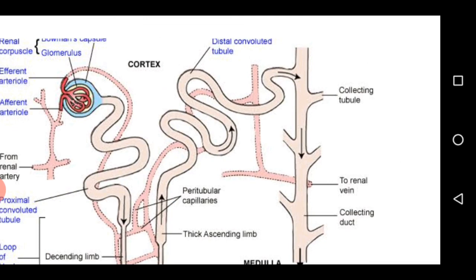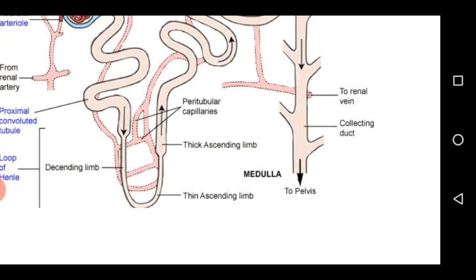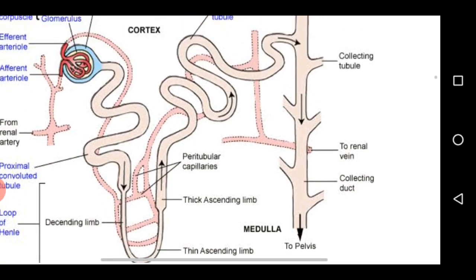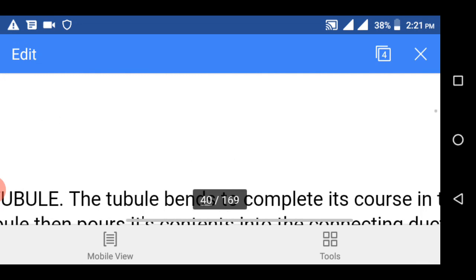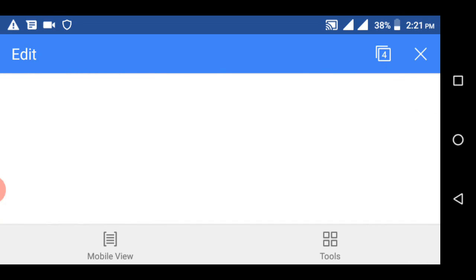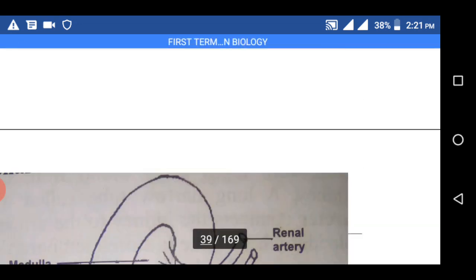Then it moves to the renal vein, then the renal vein to the connecting duct, where it passes the urine that has been collected into the pelvis. Don't forget all these are in the diagram I've shown before. You can see that kidney.